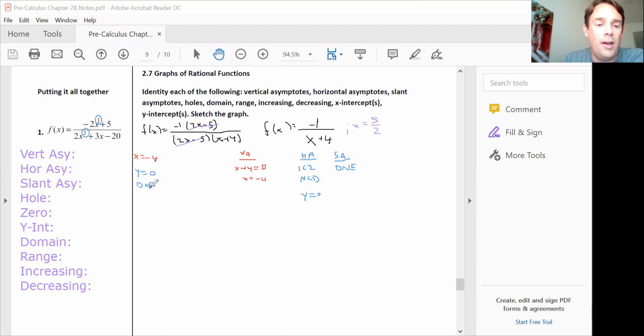Well, friends, we did have a hole. That was when our x value was 5/2. So when x is 5/2, I have to go through and figure out what the y value is. This is where our complex fractions come into play a little bit, because I'm going to have a complex fraction that I have to deal with. Since I have 2 in my denominator, I'm going to multiply every fraction by 2.